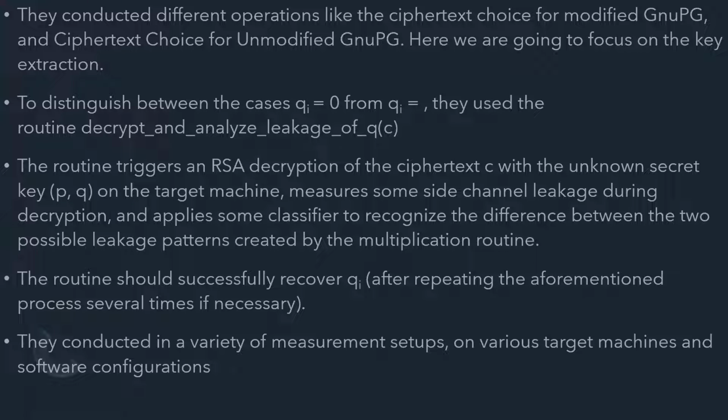It measures some side channel leakage during the decryption and applies a classifier to recognize the difference between the two possible leakage patterns created by the multiplication routine. So the routine should successfully recover Q after we repeat the experiment for some amount of time. As soon as we get the first bit of Q or P, we run the same experiment again to get the second bit, going from the most significant bit to the least significant bit.